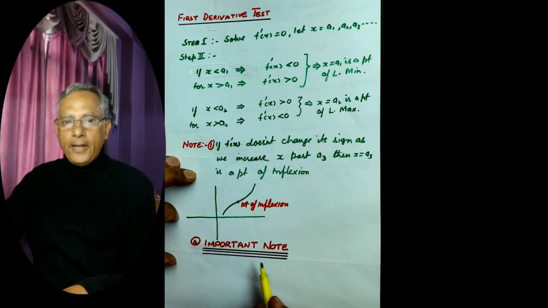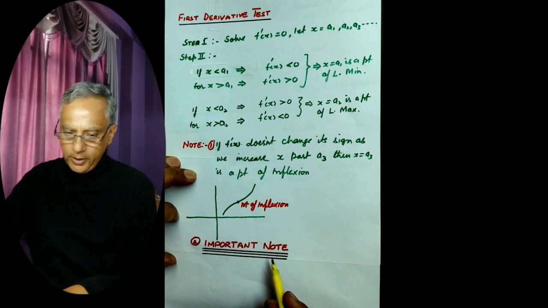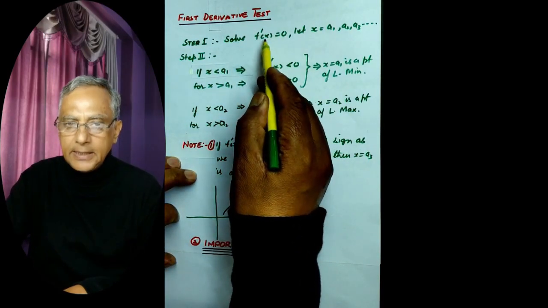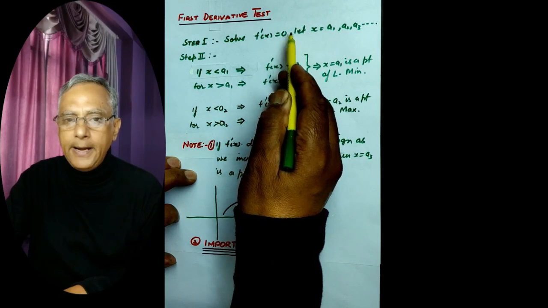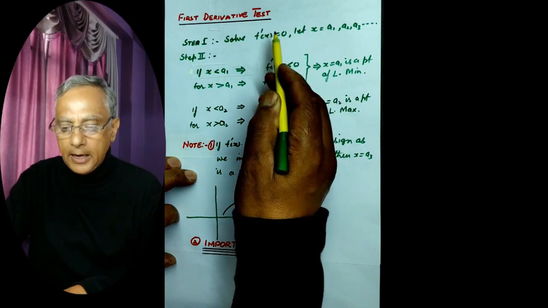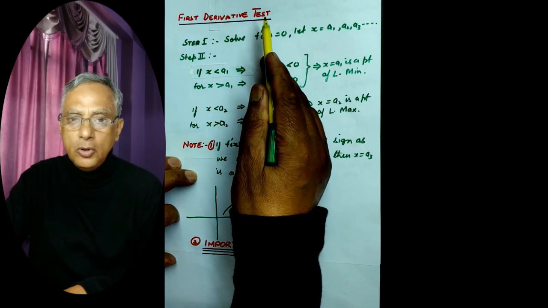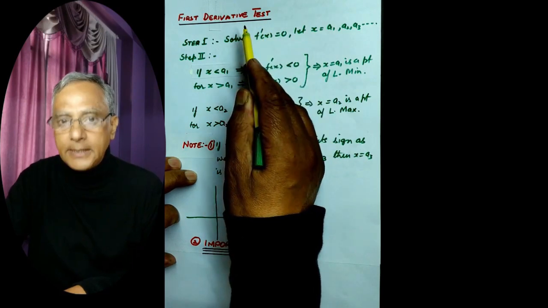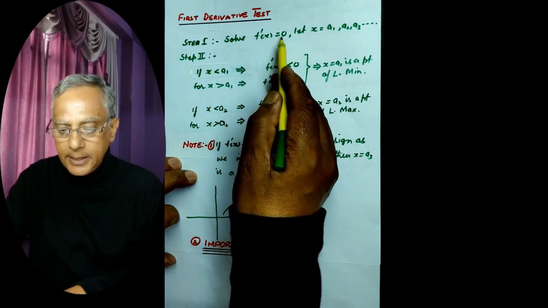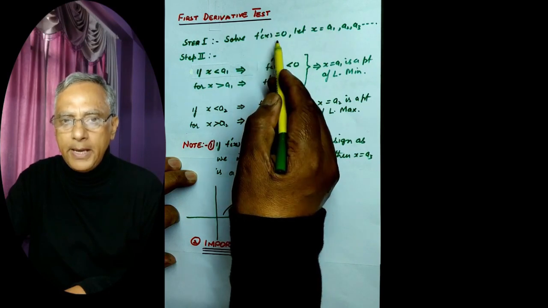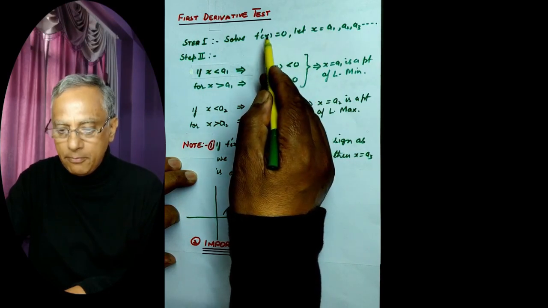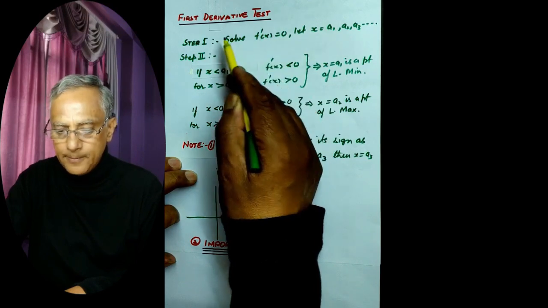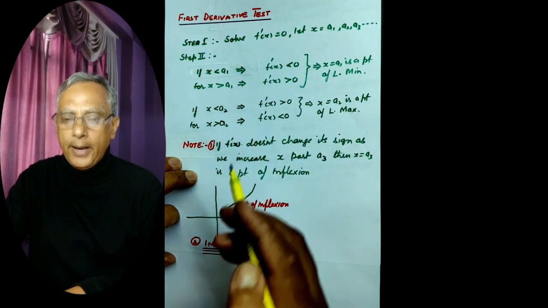Now next is a very important note. If in step 1 f dash x is not defined at some points and those points belong to the domain, f dash x is not defined but fx is defined, that is, it belongs to the domain of the function, then we must also consider these points in step 1.